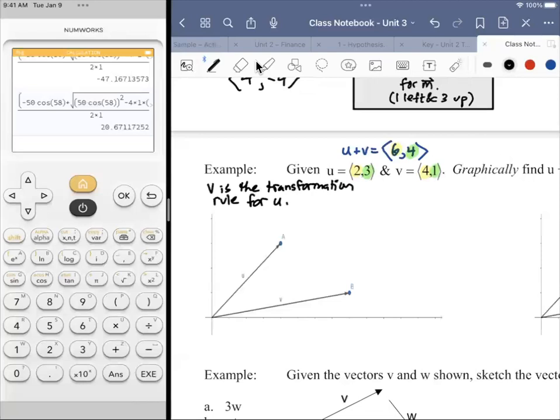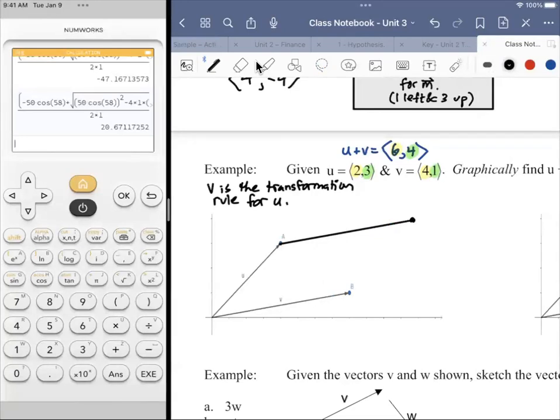All right. So what I would do is I would take this length and slide it on over to the very tip of vector U. And that would create a new point.